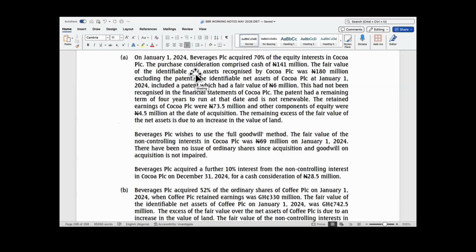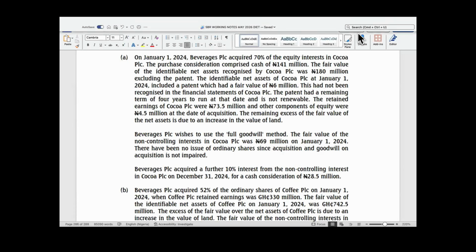So I said it's treated as a transaction between the owners. So we will look at the difference, the reduction in NCI as a result of that additional purchase. And that is what will be adjusted in the equity of the parents.